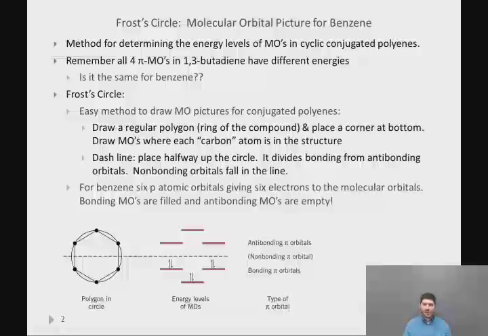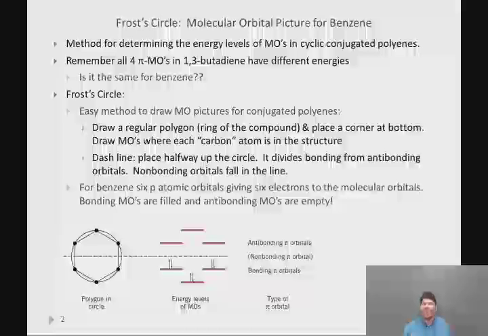Well, what Frost's circle tells us to do is to draw a regular polygon of the size that you want. In this case, it's going to be a hexagon because it's a 6-membered ring, and place a corner at the bottom. When Frost originally developed this, he put a circle around the hexagon, so that's why it is called Frost's circle.